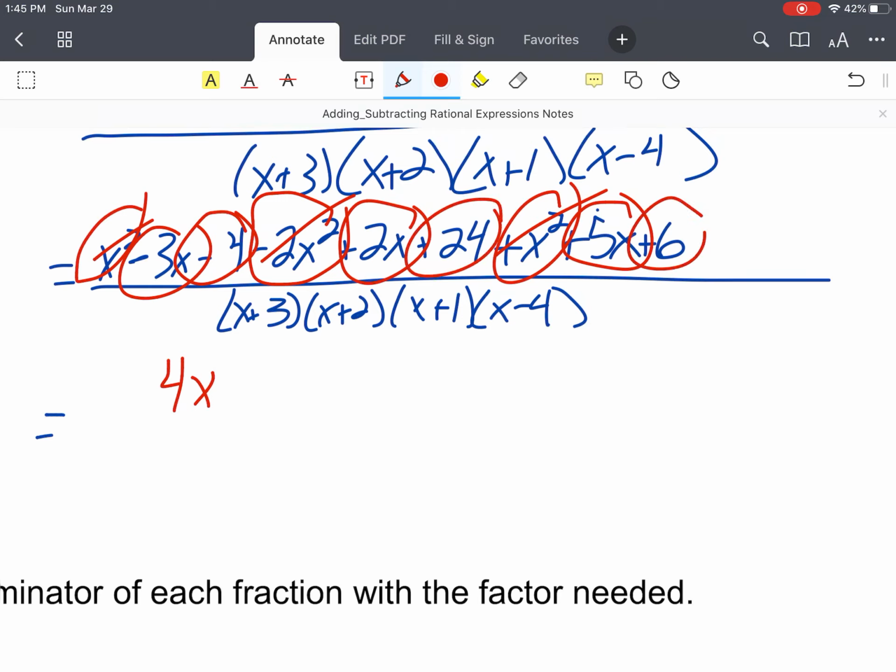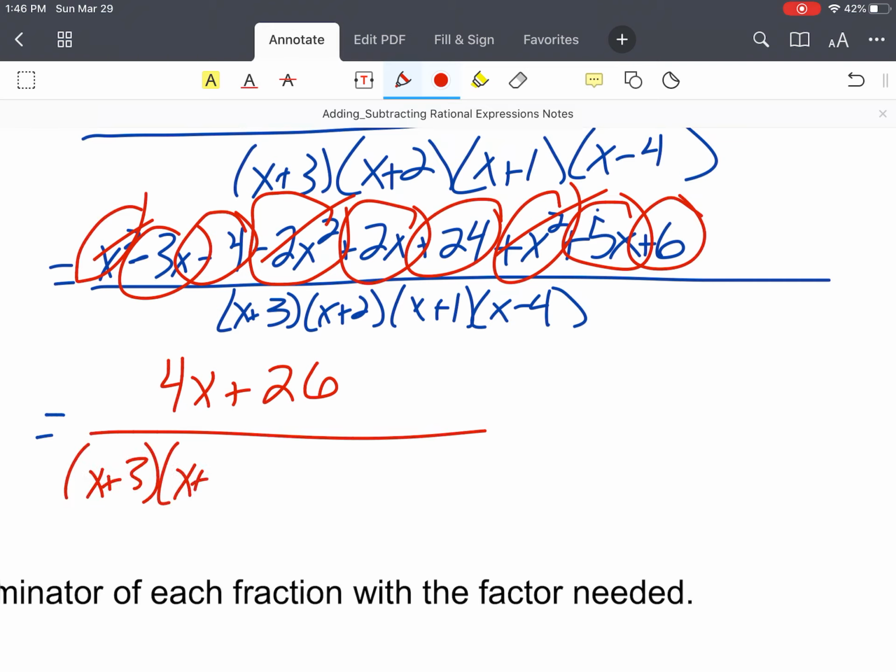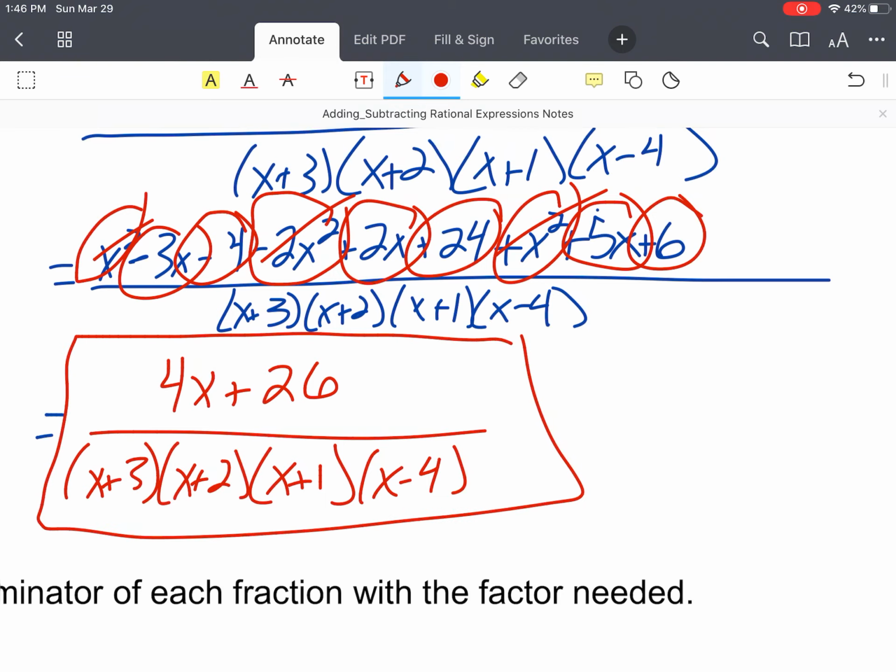And lastly I have a negative 4 plus a 24, so that's 20, plus 6, so plus 26. Is that right? Yep, plus 26, all over x plus 3, x plus 2, x plus 1, and x minus 4.